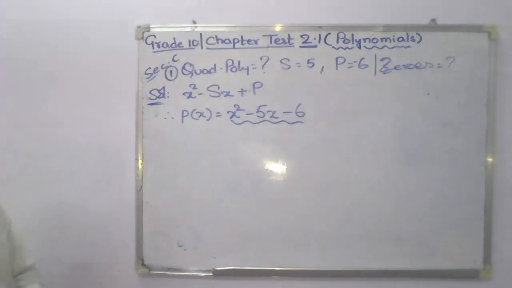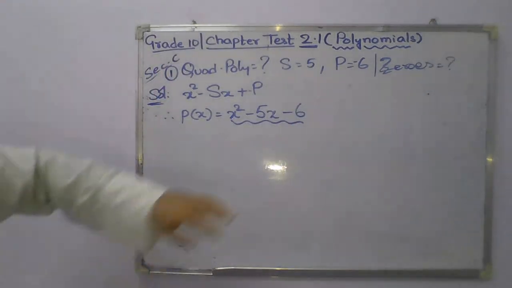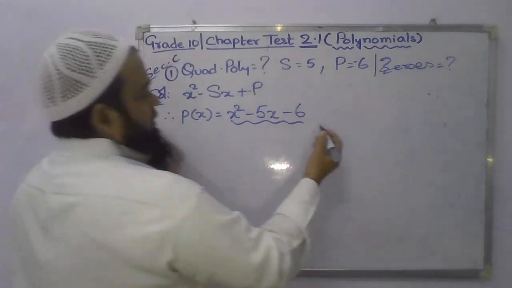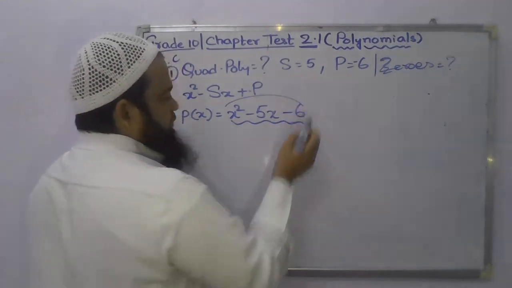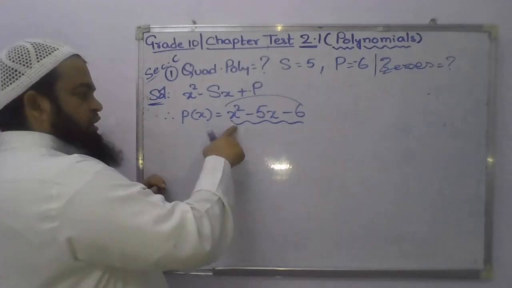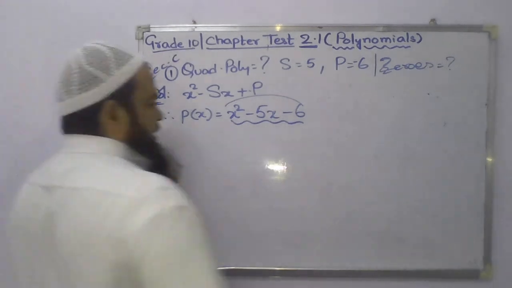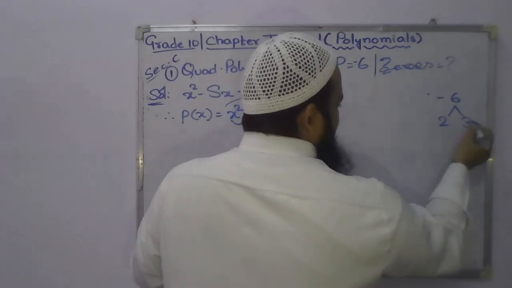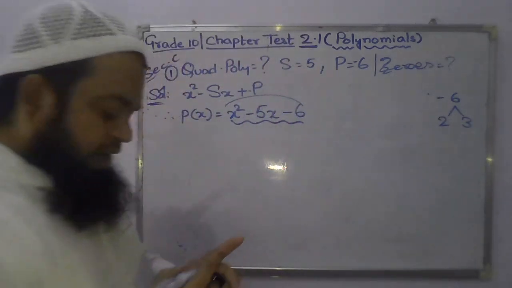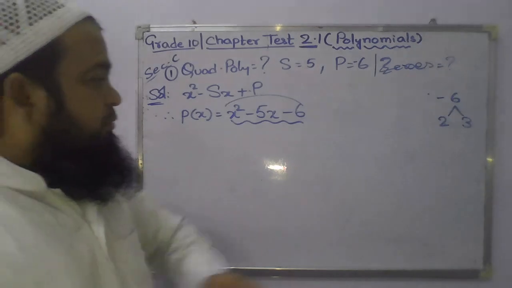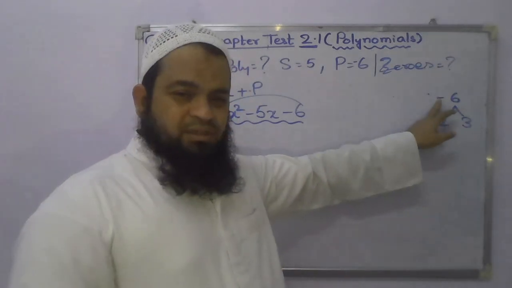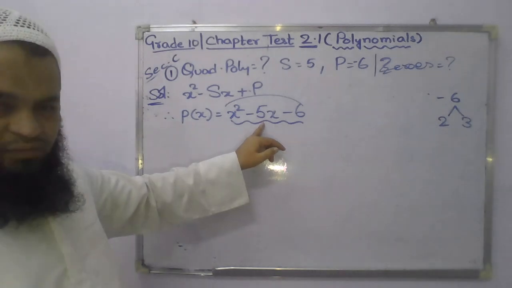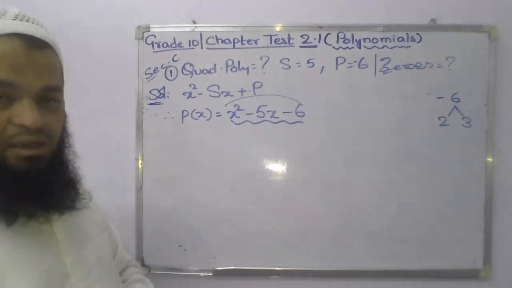This is the polynomial. Now we have to find the zeros. When we find the product of the coefficient of x² and the constant, it is 1 into -6, which is -6. Let us see, 2 threes are 6, but positive. When we add, we need negative 5.